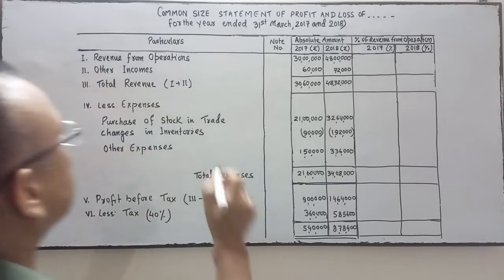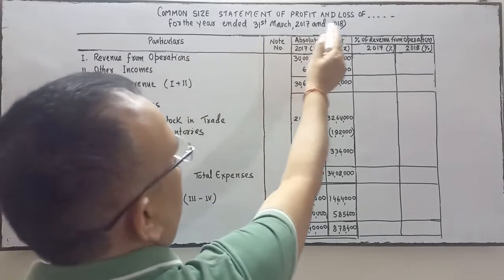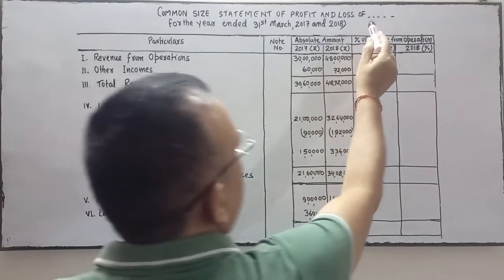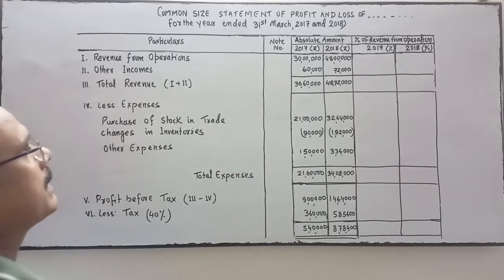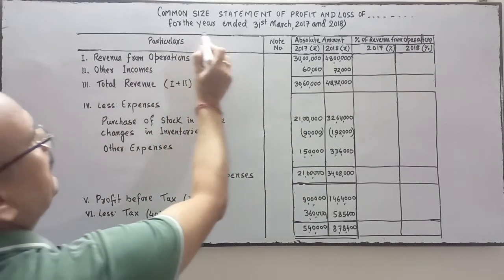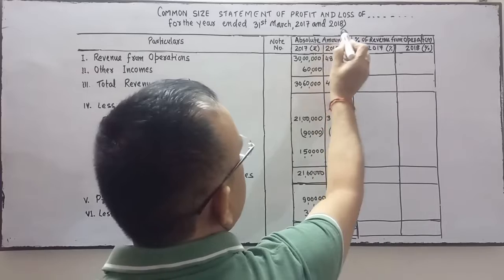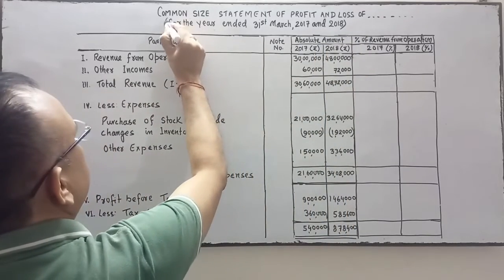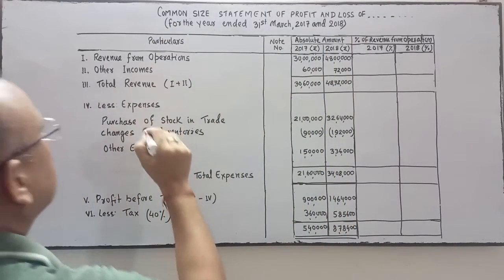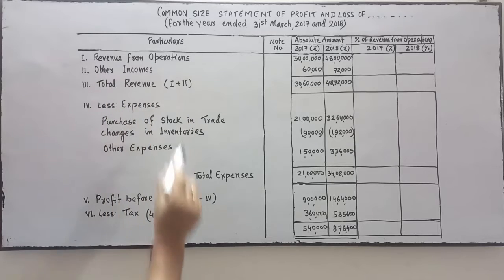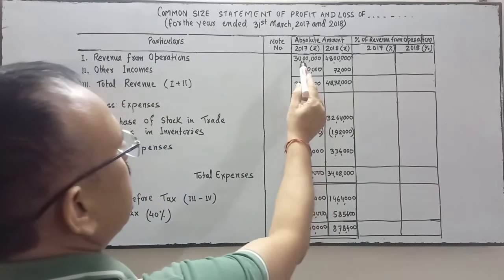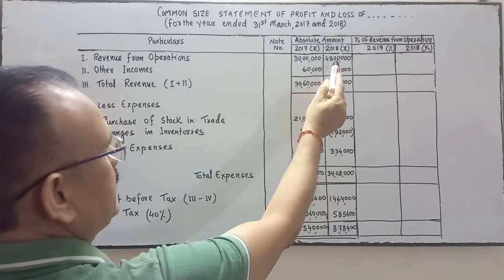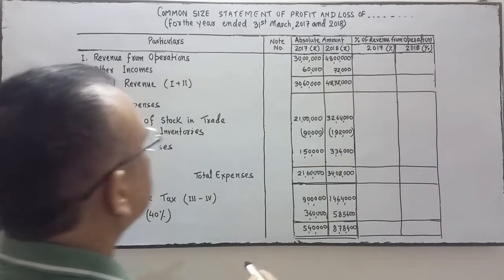First of all, we write the heading: common size statement of profit and loss of company name is not given, so I just put a dash, for the year ended 31st March 2017 and 18. First one is revenue from operation, which is given over here. In 2017 it is 30 lakhs and 2018 it is 48 lakhs.